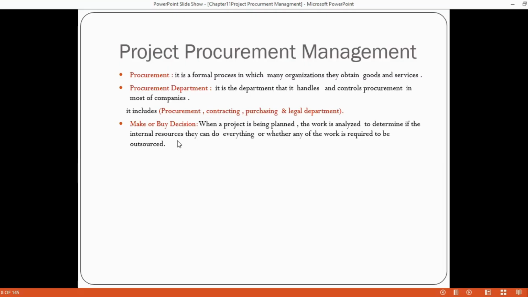I need to evaluate whether I have the capabilities and the resources to produce the product or the service, or I prefer to go ahead and purchase because I don't have the time for customizing or tailoring solutions. So it's preferred that I purchase the product directly from already made products.